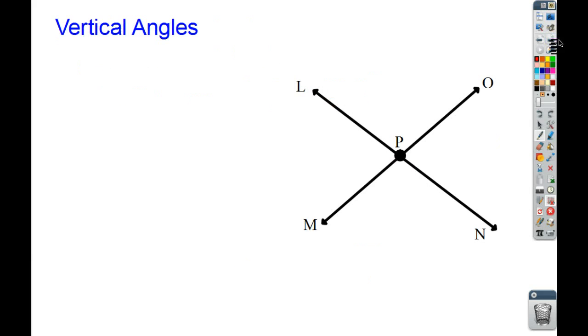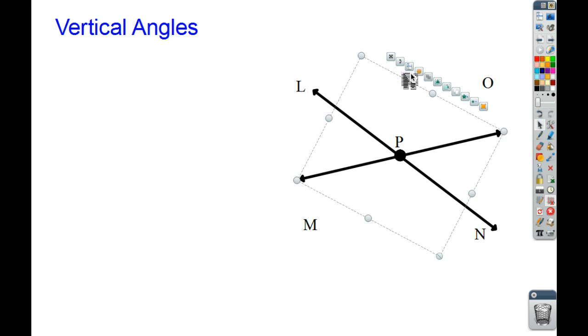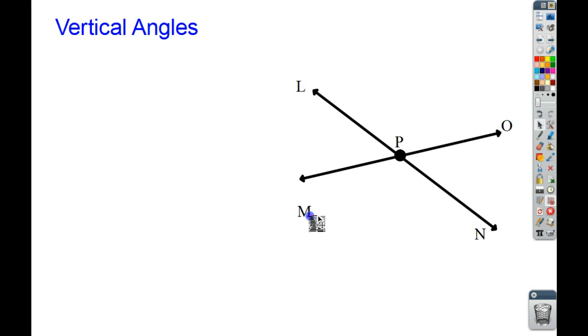All right. Finally, let's talk about this idea of vertical angles. Vertical angles are if I have two lines and they cross. Let me rotate this line a little bit so it makes it a little bit easier to see here. And I'll drag O here and put M here.